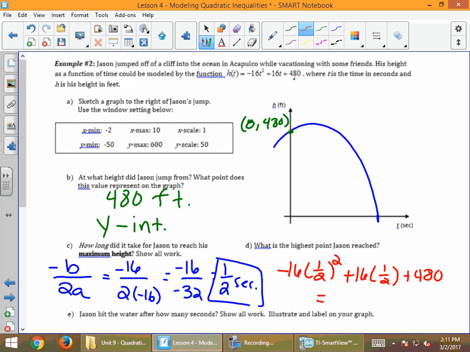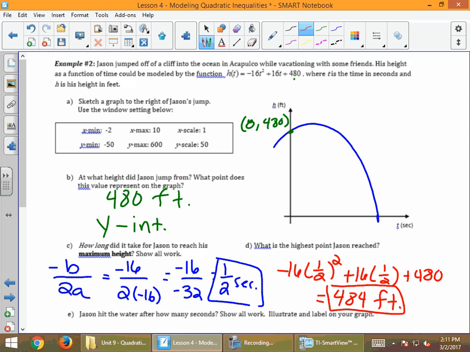When we plug this in, what do we end up getting? It takes a half second to go 4 feet higher than where you started from. 484 feet.